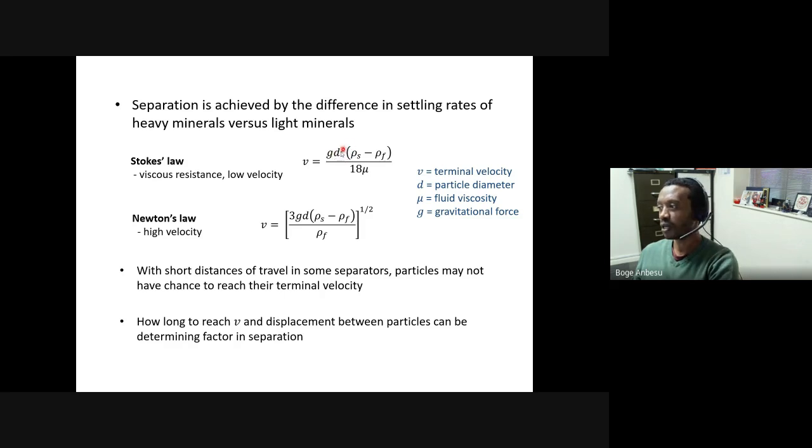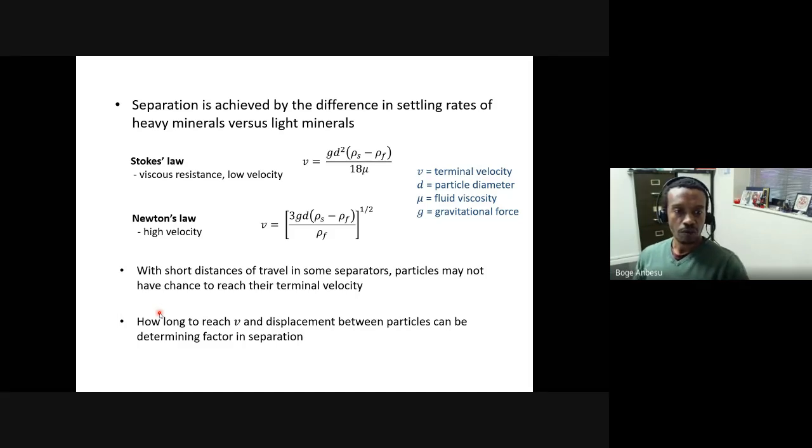Okay, so the size to the power of 2 is related to the terminal velocity, while that's not the case in Newton's law. In the case of Newton's law, if particles are given opportunity to move at a higher rate, then yes, they both depend. The settling rate depends both on size and, to a lesser extent, density. So in this case, you can even consider a couple of scenarios.